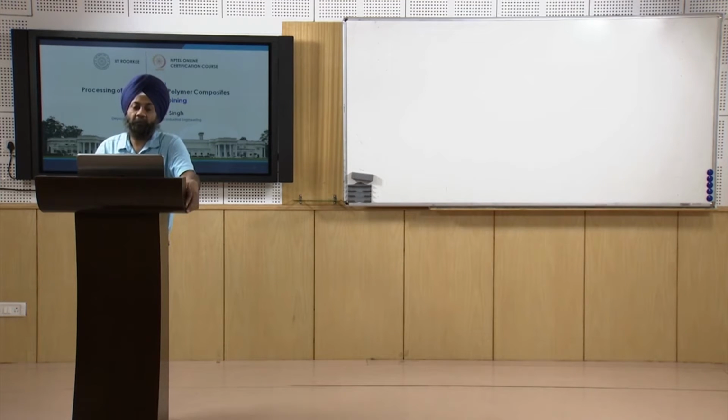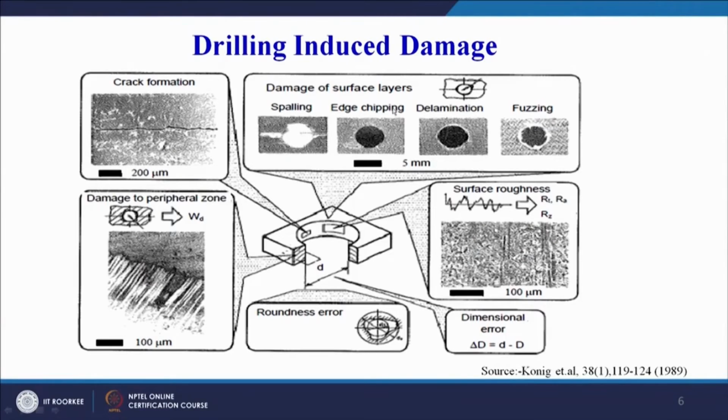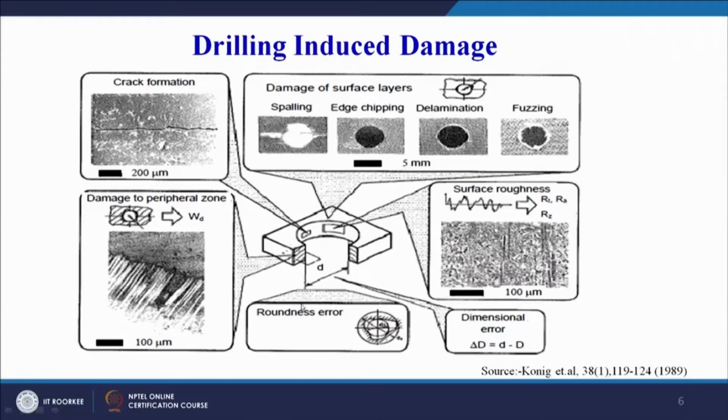Spalling is one type of damage, edge chipping is another, delamination is the most important type of damage in composite laminates, and then fuzzing. You can see four different types of damage forms. Then surface finish is not good, cracks are formed and there is damage to the peripheral zone, and then there are roundness errors and dimensional errors also.